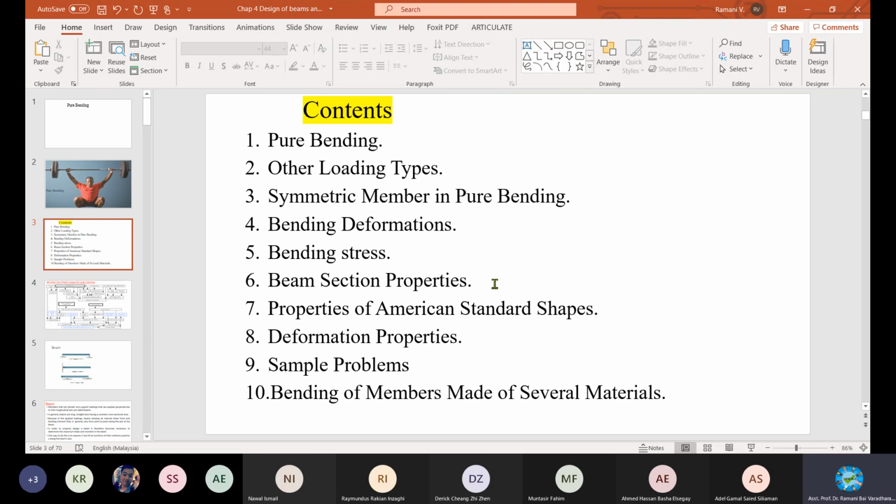We do stress calculation and also sectional properties. Some of the sectional properties we will also learn how to calculate. Although you have tabular columns, right? You have sections, you have code books to learn about how to calculate these sectional properties.